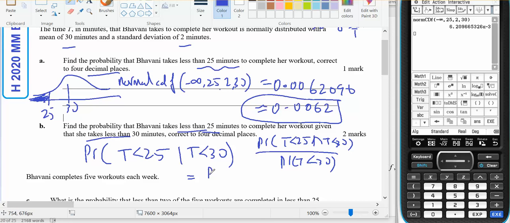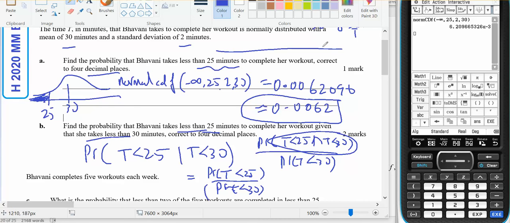Now, the overlap of that on a number line, less than 25 and less than 30, is less than 25. That's the same answer as up here, 0.0062096, and the probability of being less than 30 is 0.5.